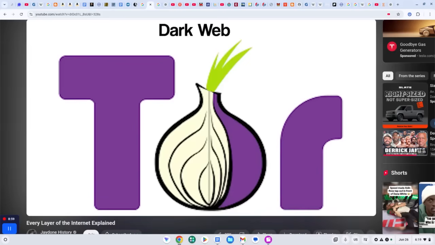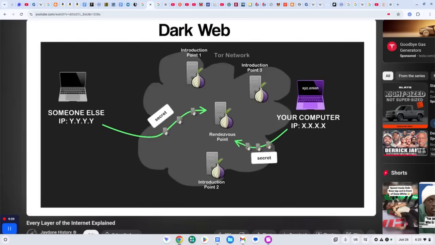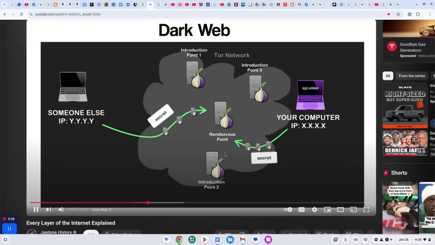These sites are hosted on an overlaid network that exists on top of the regular internet, but is only accessible via software that supports onion routing. Onion routing works by sending data through a series of volunteer-run servers, or nodes, each of which peels away a layer of encryption like the layers of an onion. This system makes it extremely difficult to trace the origin or destination of data, ensuring high levels of privacy for both site operators and users.